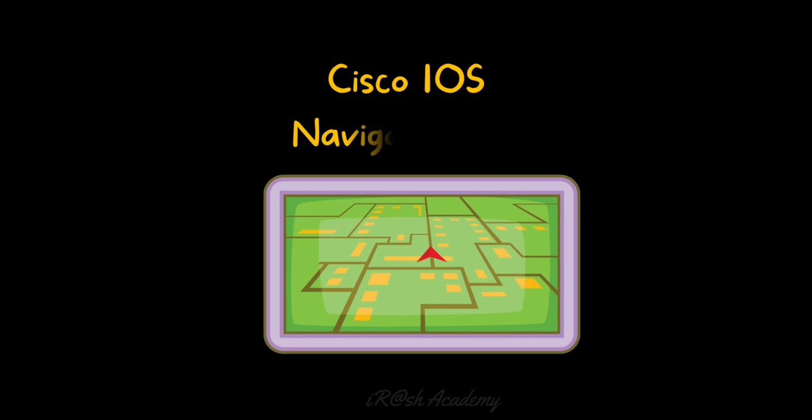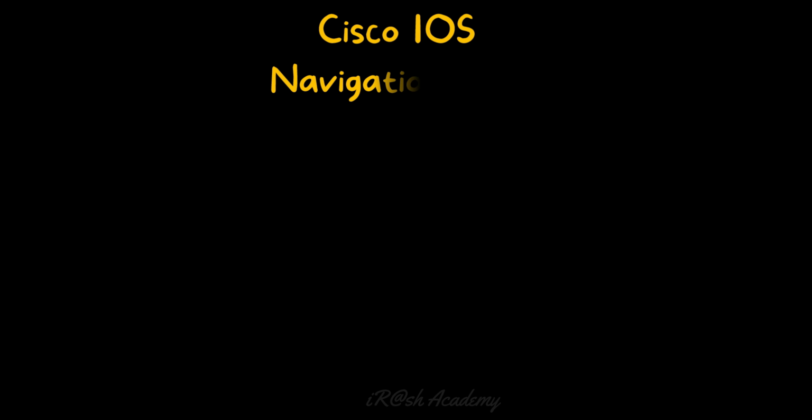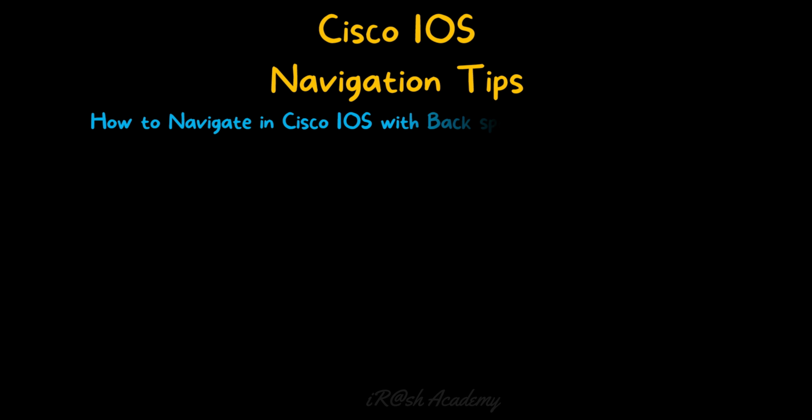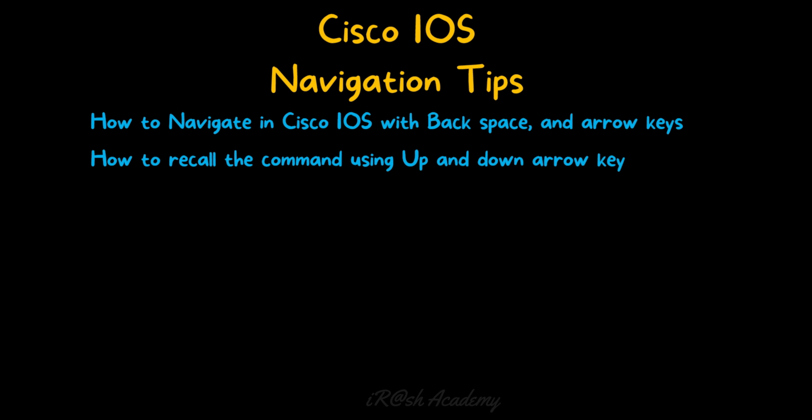Now let me give you some navigation tips on Cisco IOS. In these Cisco IOS navigation tips, I will show you how to navigate with the backspace and arrow keys. Then I will show you how to recall a command using the up and down arrow keys.